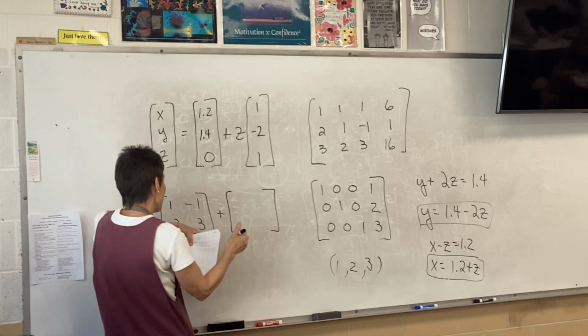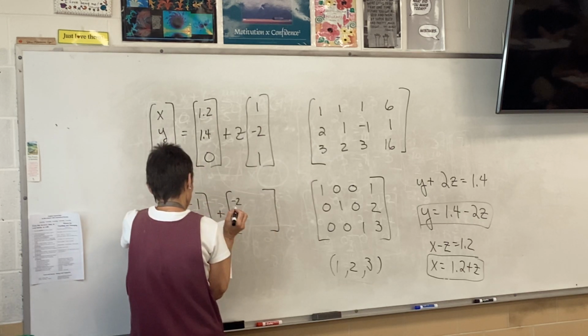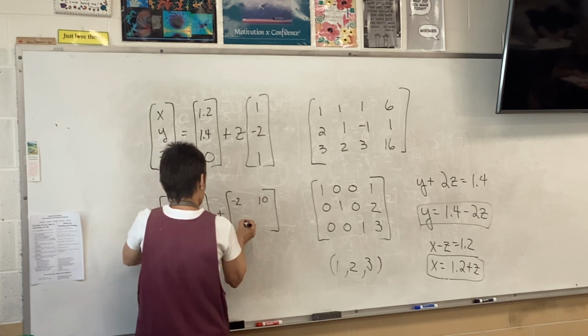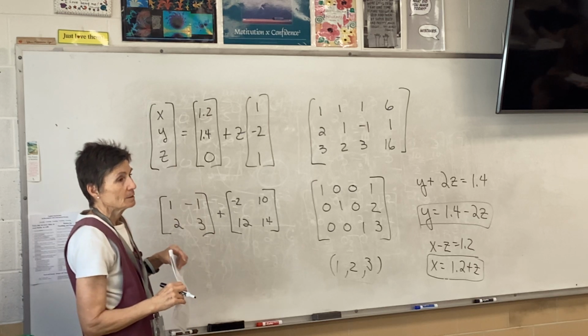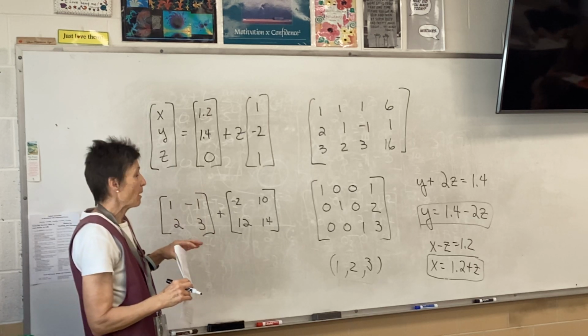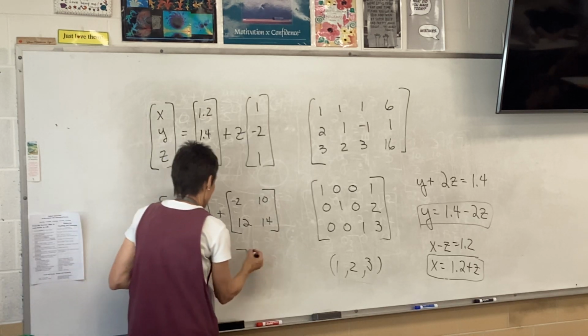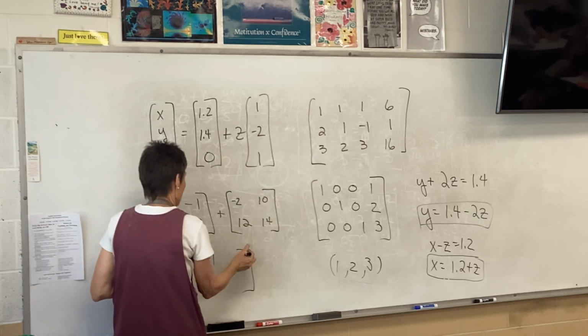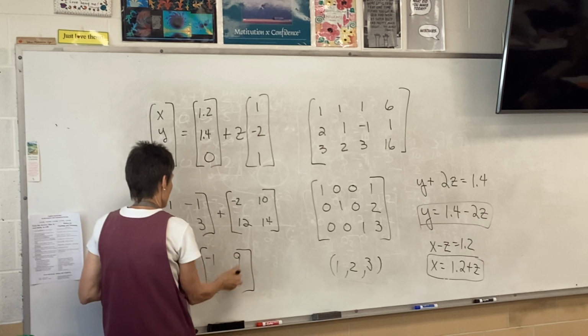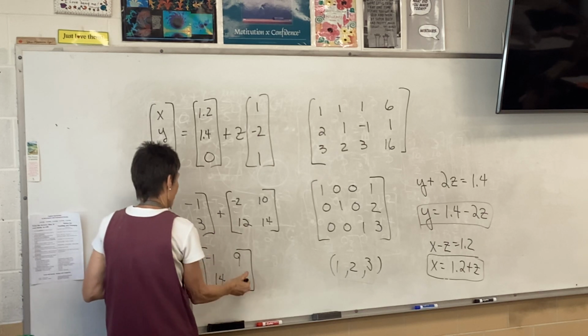So 2 B's would be negative 2, 10, 12, and 14. Is that good with everyone? And now we just add entry by entry. So here we go: 1, negative 2, negative 1 and 10, 2 and 12, and 3 and 14. There you go.